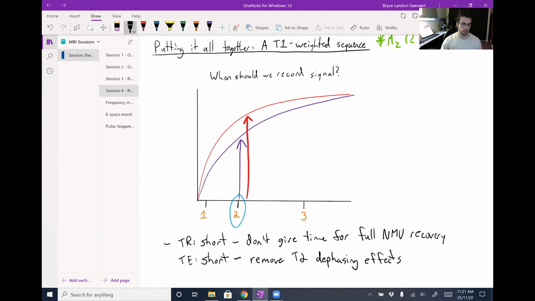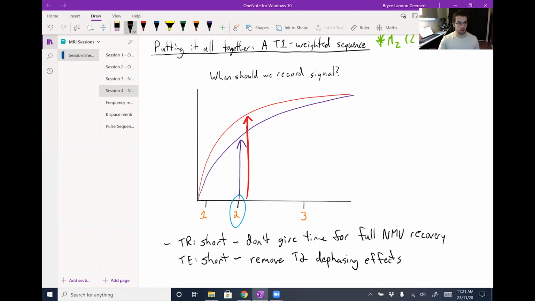It is not dependent upon T1. If we want a T1 weighted image, we want to minimize the effect of T2 on our image. So we want a short TE to acquire signal as quickly as we can before any dephasing has occurred. That will increase our T1 weighting, the contrast in the image that's dependent only upon regrowth of the NMV in tissue rather than dephasing.